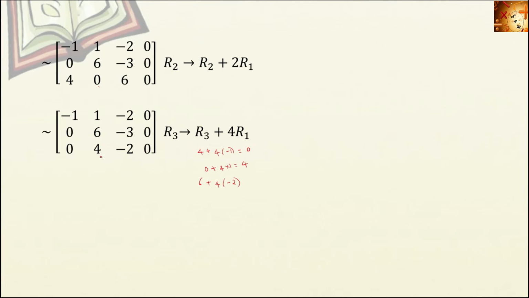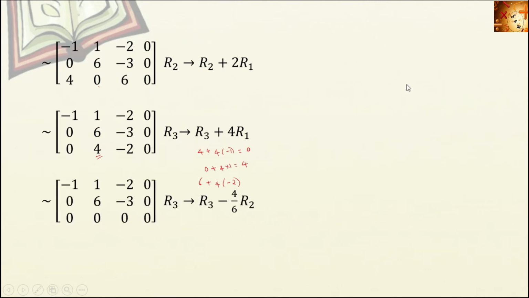These two transformations, that is R2 changes to R2 plus 2R1 and R3 changes to R3 plus 4R1, we can do in a single step.